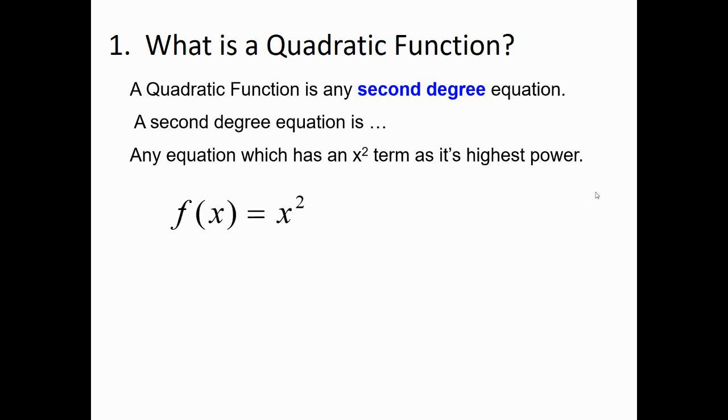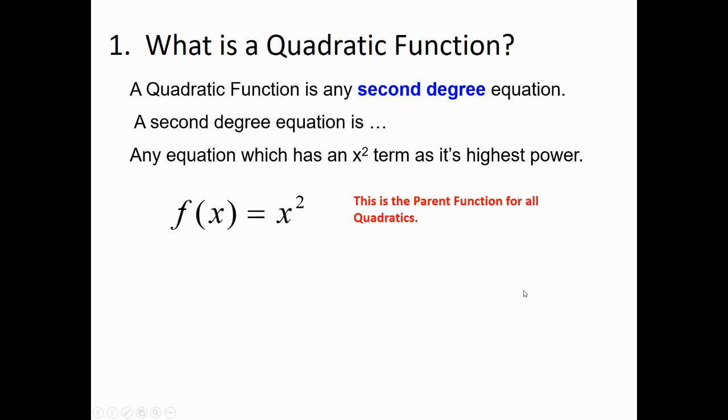Right now, the most important thing to write down is a quadratic function is any equation that has the x squared term as its highest power. So if you see an x squared term in the equation and there's not any power higher than that, there's no third power, fourth power, fifth power, you know that we're dealing with a quadratic. So please write that down.